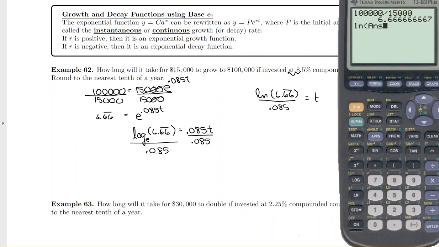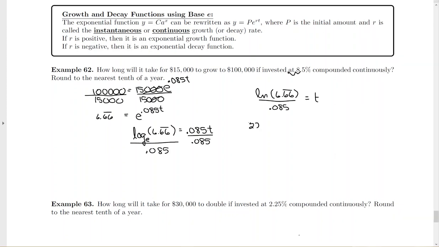Some of the newer calculators will actually show you what they pasted in there. Natural log of the answer divided by 0.085. And it comes up 22.3 because we want it to the nearest tenth of a year, so 1 decimal place. So 22.3 years.